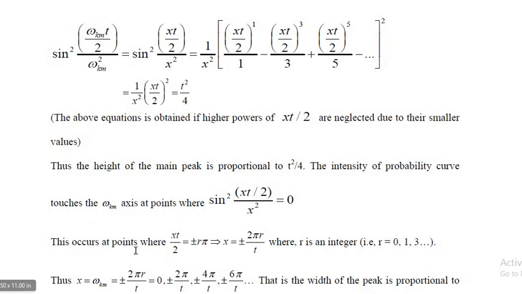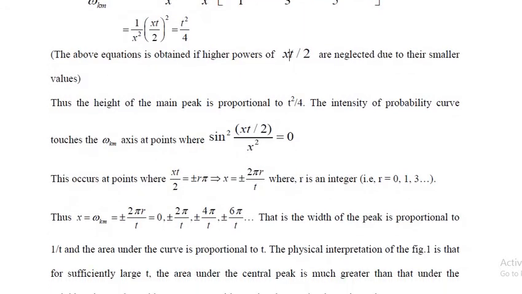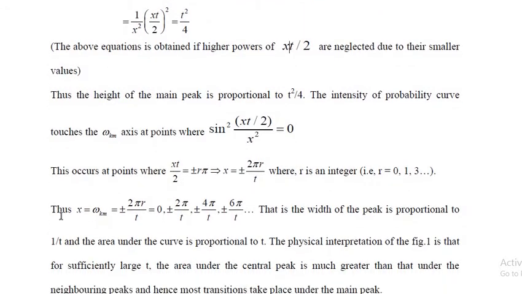So this occurs at points where xt/2 is equal to plus or minus rπ. This implies x is equal to plus or minus 2πr/t, where r is an integer, that is r equal to 0, 1, 2, 3 and so on. Thus x equal to ω_km is equal to plus or minus 2πr/t.